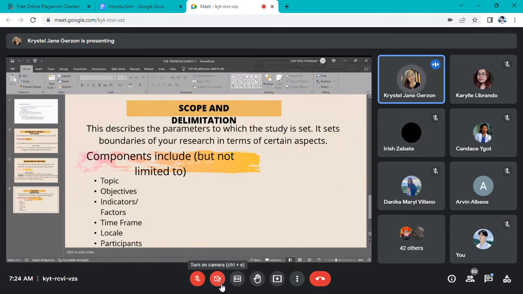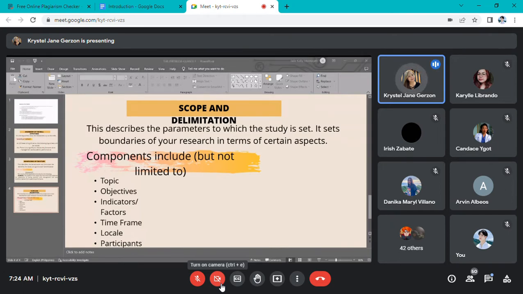Now, basically, scope and delimitation describes the parameters to which your study is set. So it sets boundaries of your research in terms of certain aspects, like what is your topic, what are your objectives, what are the indicators or factors?